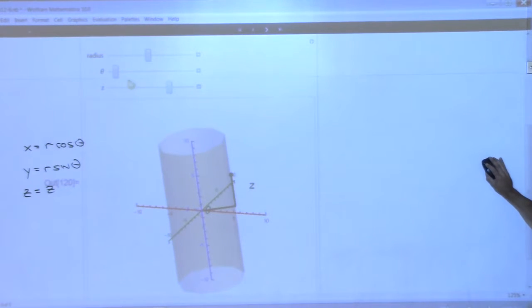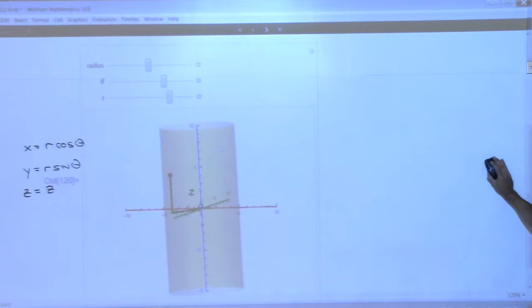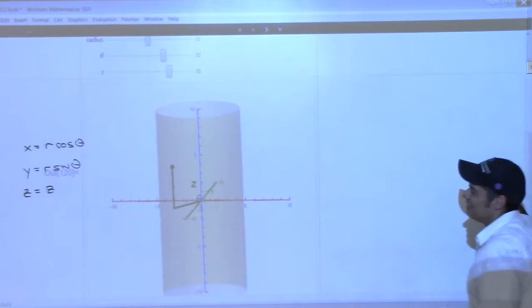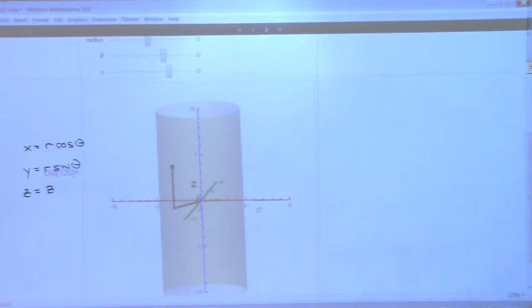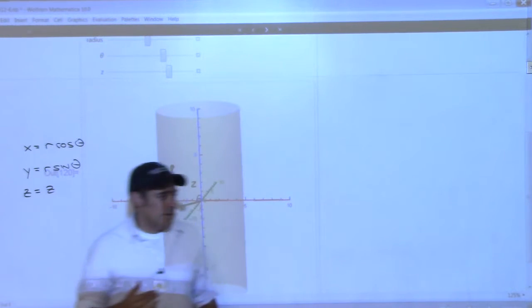Then as I change my theta and go around, all those lines get swung around and you create this cylindrical shape. Do y'all like this picture better or Chris? Chris was better? Good job, Chris. So we can do things in Cartesian or in cylindrical coordinates. Make sense?